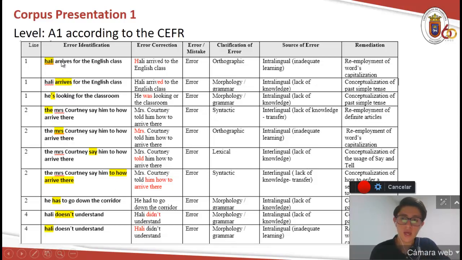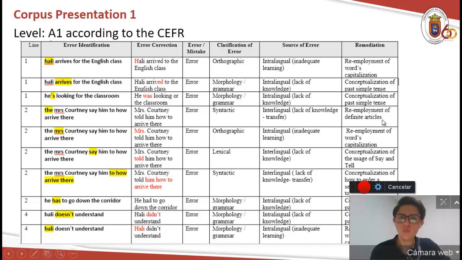First of all, we have "Ali arrives for the class, English class," right? There would be an orthographic error because he didn't capitalize the name of the subject. It would be intralingual, maybe inadequate learning. Maybe the student doesn't really know the rule of capitalization.